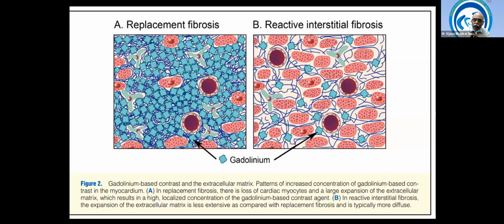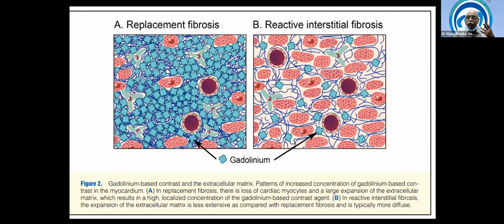When there is no enhancement, little or faint enhancement, you can miss it when you do a late gadolinium enhancement study for this reason. That is why, in addition to late gadolinium enhancement study, we've got these mapping techniques which are going to pick up this extracellular volume or matrix expansion because of this pathology and then give us a map.